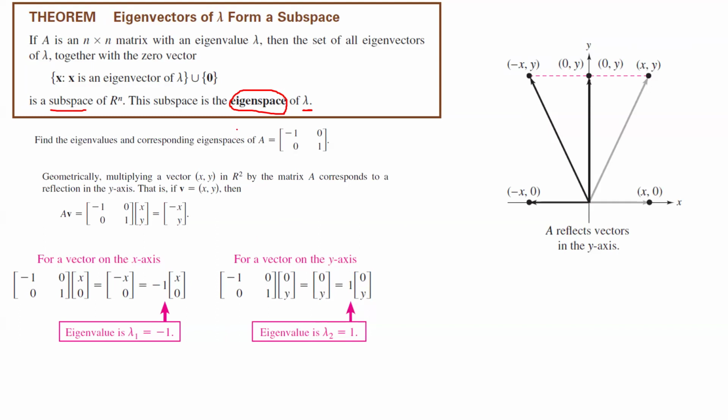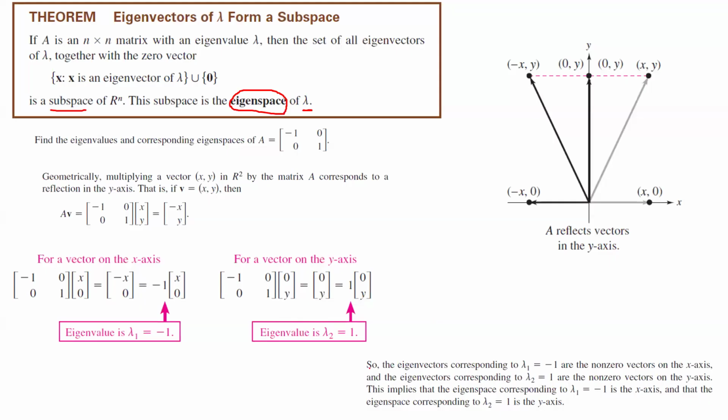So basically, when you're trying to find the eigenspace of lambda, you're taking all of these vectors x and 0, along with the 0 vector, which is going to be the eigenspace for negative 1, and the eigenspace for 1 is going to be the collection of all vectors 0 and y, along with the 0 vector.